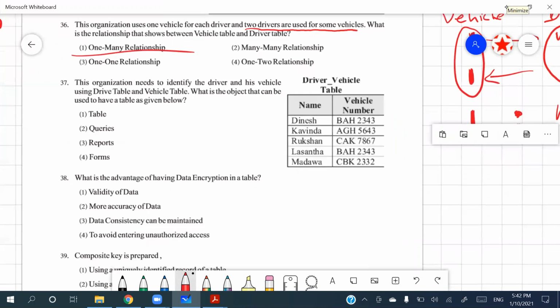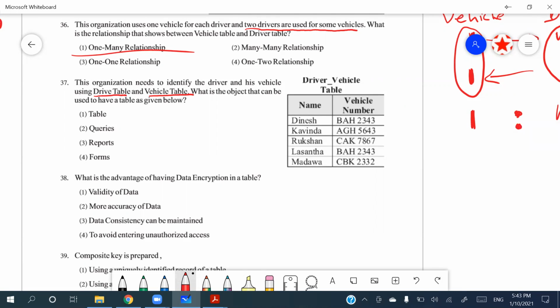And in 37, the organization needs to identify the driver and his vehicle using driver table and vehicle table. What is the object that can be used to have table as given below? Driver vehicle table. Okay. Name, vehicle number. Yeah, so they are referring to the driver table and the vehicle table using both.